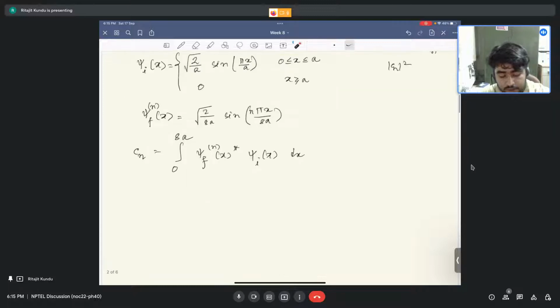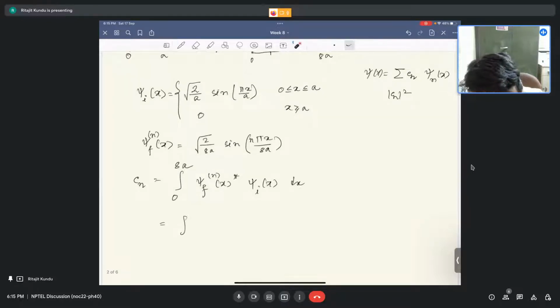So let us do this integration. We see that this wave function is just non-zero between 0 and a, and on the other parts of the potential well, it is actually 0.